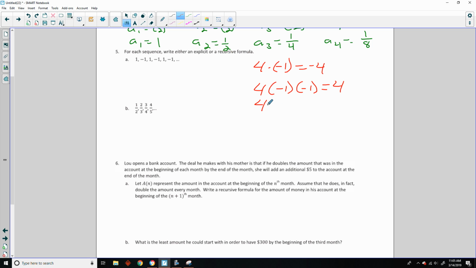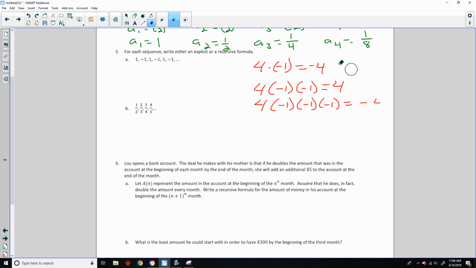Then if I did it again, 4 times -1 times -1 times -1, positive times a negative is negative, negative times a negative is positive, positive times a negative is negative. So it's oscillating back and forth between -4, 4, -4, 4. And what we're doing is taking multiples of -1.